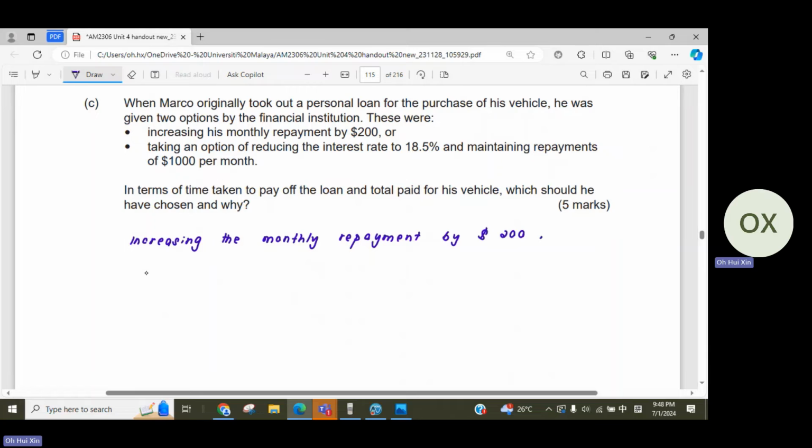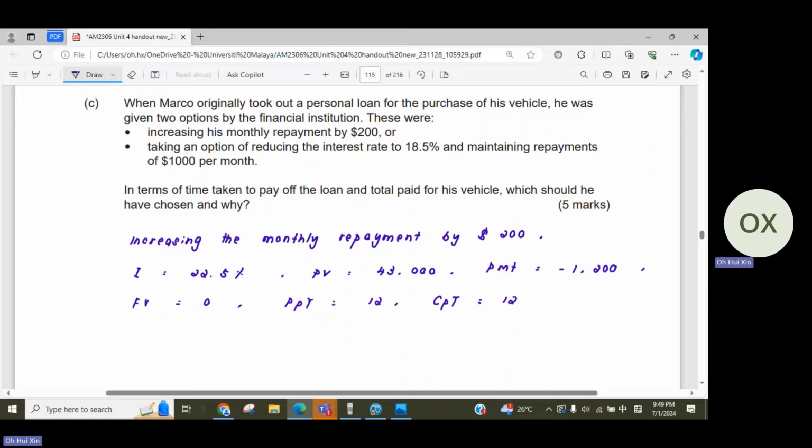So we are finding the N. The I is still the same, which is 22.5%. PV, the loan value, is 43,000. PMT, the payment now becomes 1,200, because the previous one is 1,000 and you want to increase by 200. It's negative because you return the money, so the money flows from you to the bank. FV is 0, because we are talking about the time when you pay off the loan. PPY and CPY is 12.